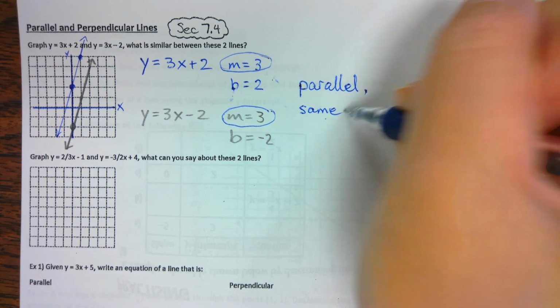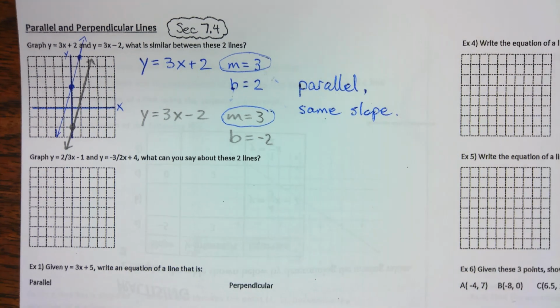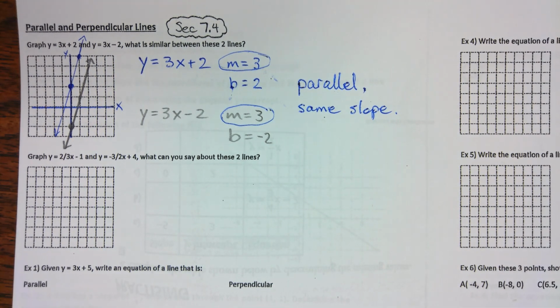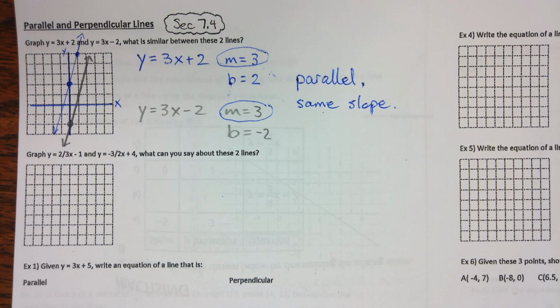We said that if they're parallel, they have the same slope. Okay. So when you justify your answer, make sure you don't just say they look parallel. You have to say because they have the same slope.